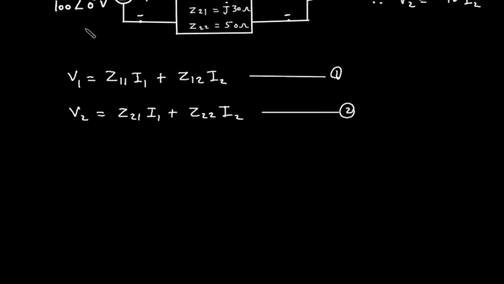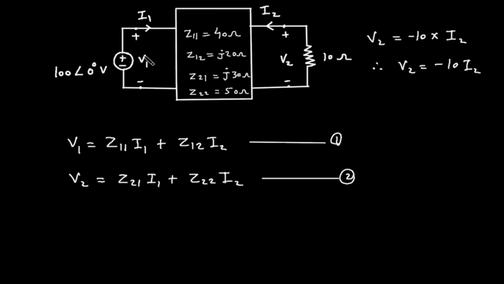So, here V1 is equal to 100 at an angle of 0 degree. So, 100 at an angle of 0 degree is equal to Z11. The value for Z11 is 40 ohm. So, 40 multiplied by I1 plus Z12. Z12 is j20 ohm. So, j20 into I2.